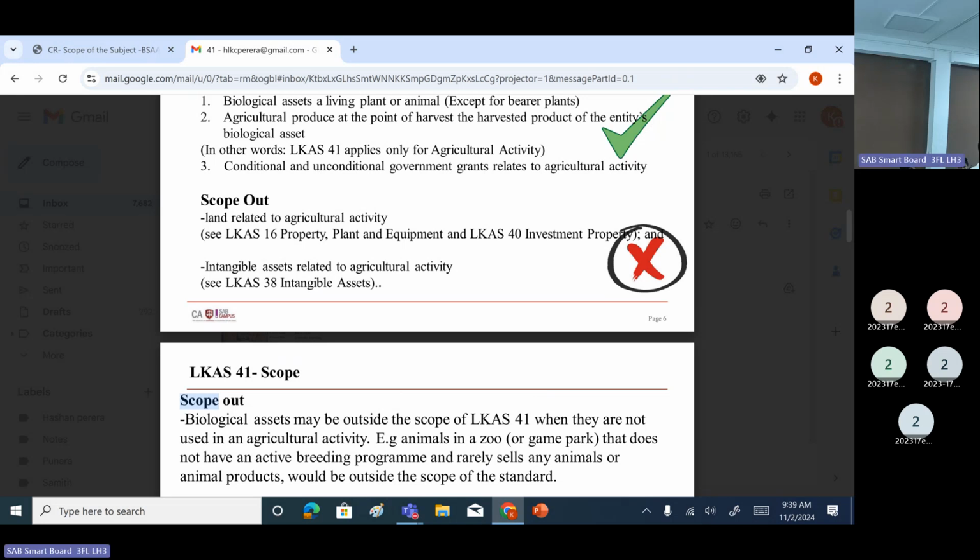So you may have meters, right? Software to measure that. Whatever the measurement related software, whatever the intangible assets, you can't consider that as an agricultural asset. It is under IAS 38, intangible assets, right?